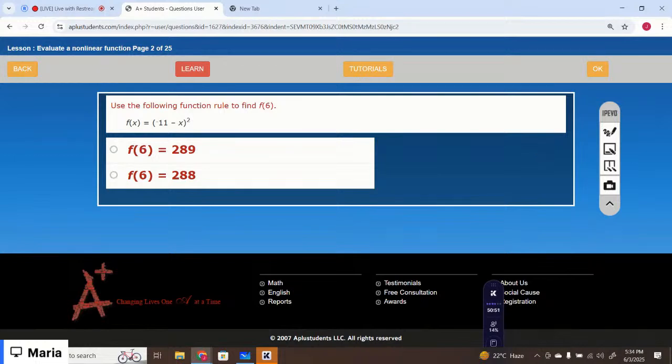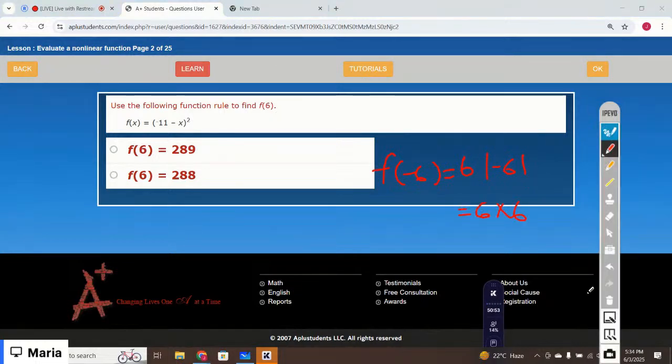Use the following function to find f of 6. That is negative 11 minus 6.